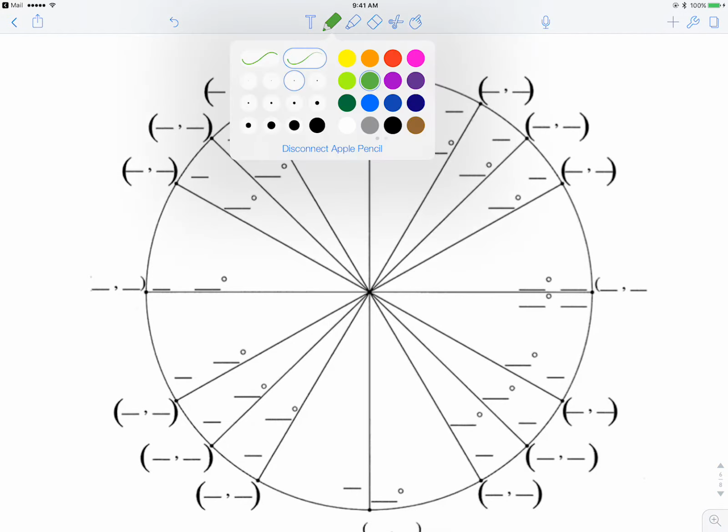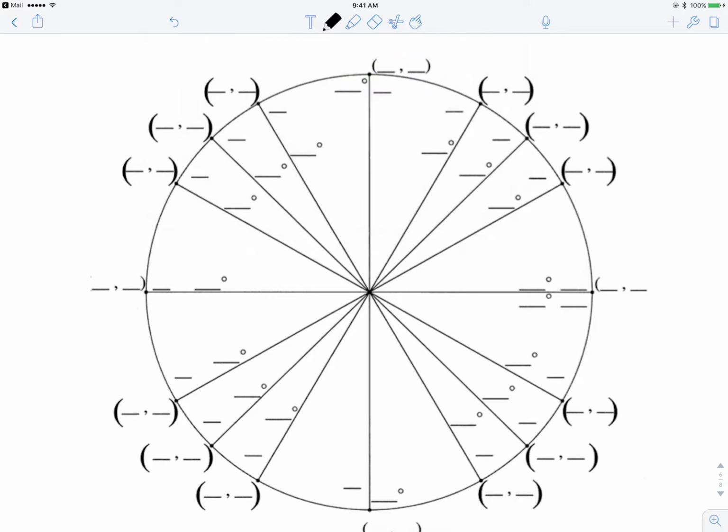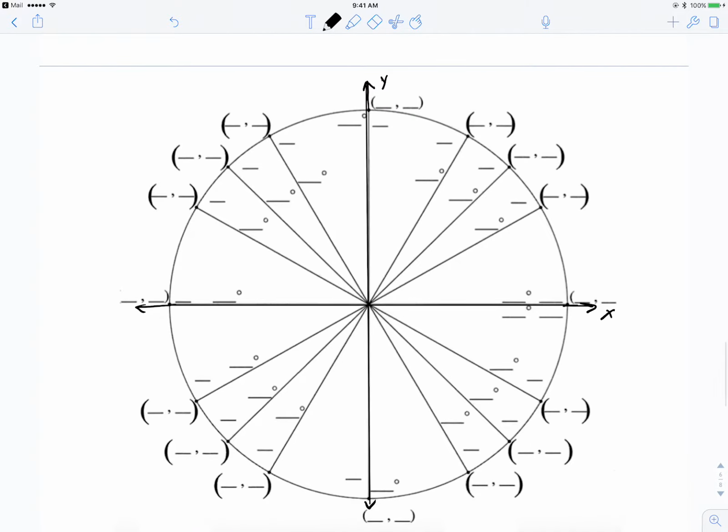So you guys, I want you to imagine that this is in the XY plane. The horizontal axis here, I'm just going to draw it. That's our x-axis, and then the vertical axis is our y-axis.